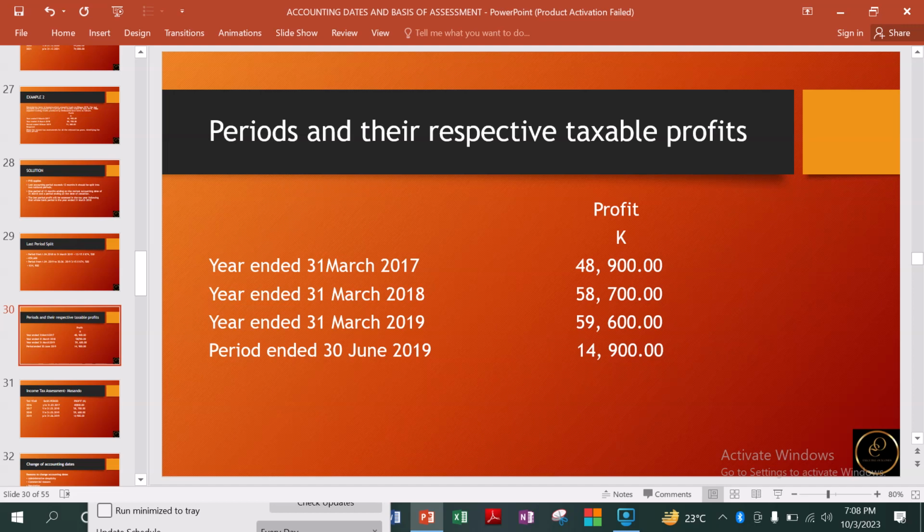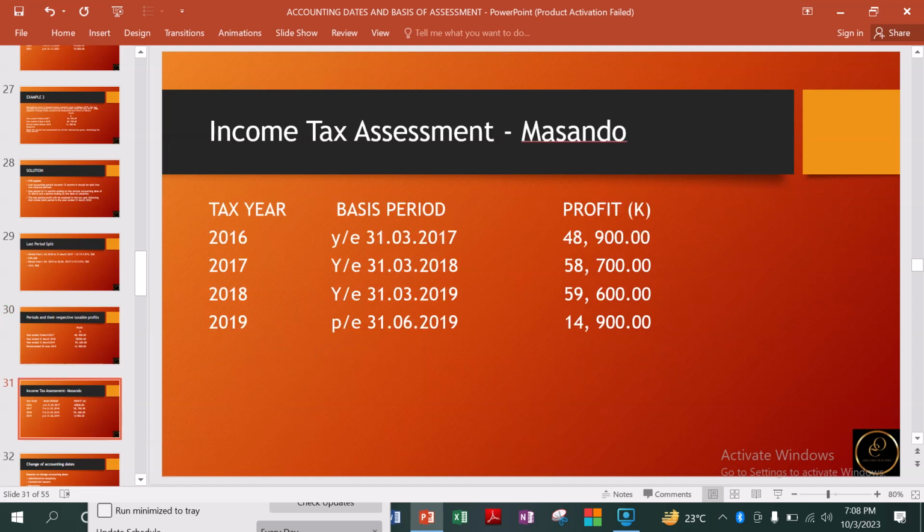Okay, so let's look at how that is going to be presented. So you have this. The tax year 2016, as I've said, the preceding year basis, 48,900, and the basis period means that in which period was this income generated? In the year ended 31st March 2017. That's the basis period, but it is assessed in 2016, since the preceding year basis. And the next one, the year ended 31st March 2018.